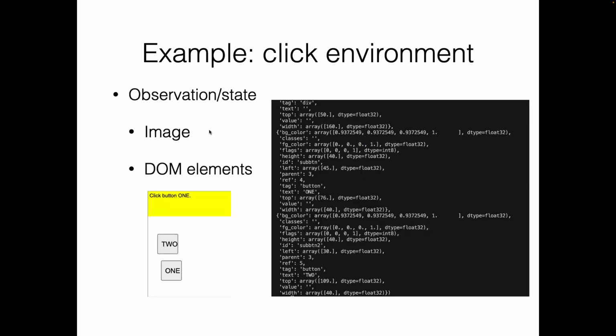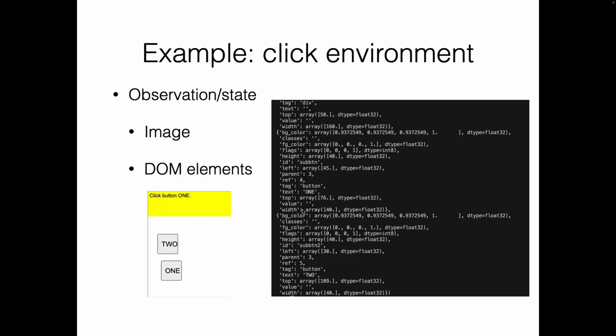So for the observation here, you basically have two different options. One option is to actually take in this screen as an image, and the environment will give you that. The other option is to represent everything as text. So this basically takes the structure of the HTML and then it gives it to you as this kind of dump of JSON.